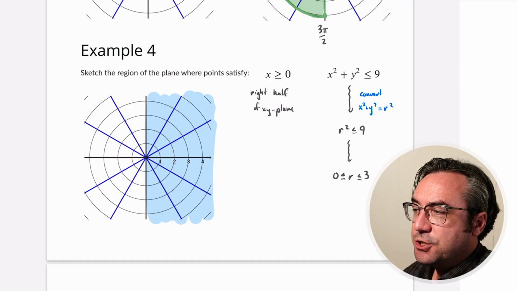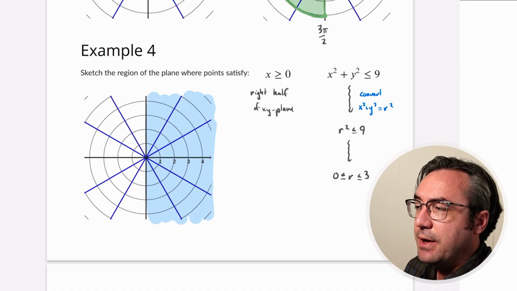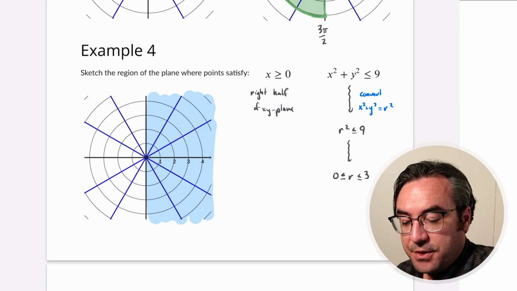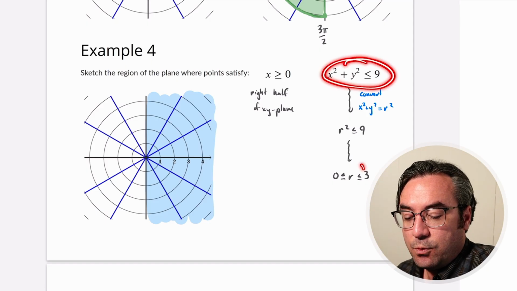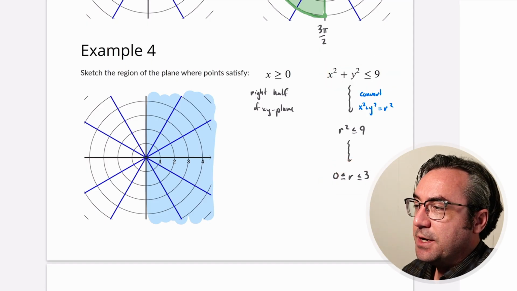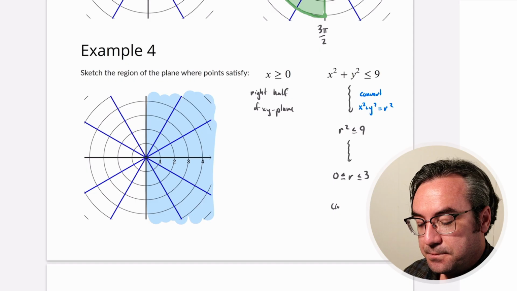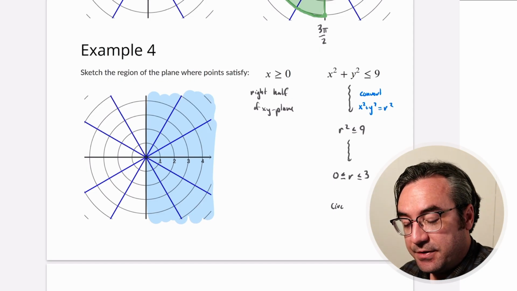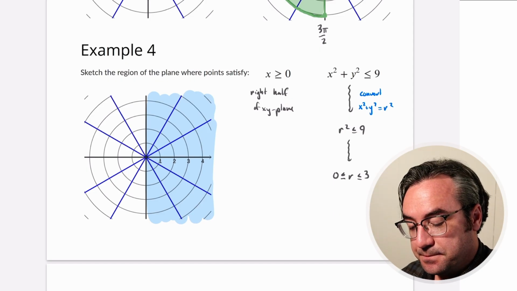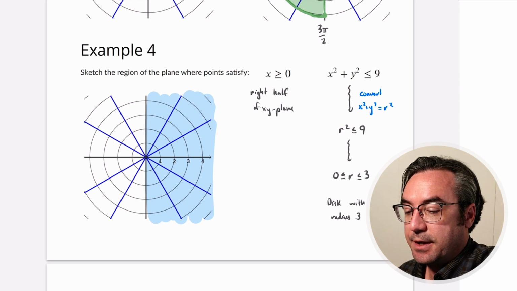If we look at the edge, r equals 3, that's just a circle of radius 3 going around the origin. So this inequality is giving us a circle. Well, it's actually giving us the disk. So what would that look like?